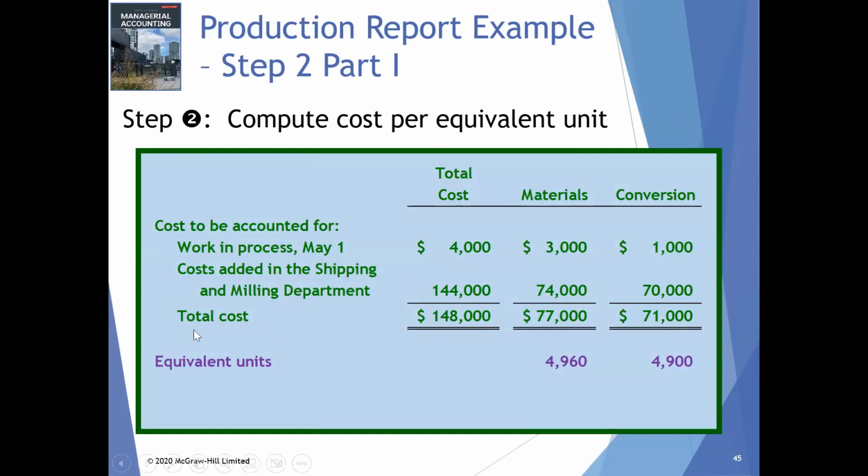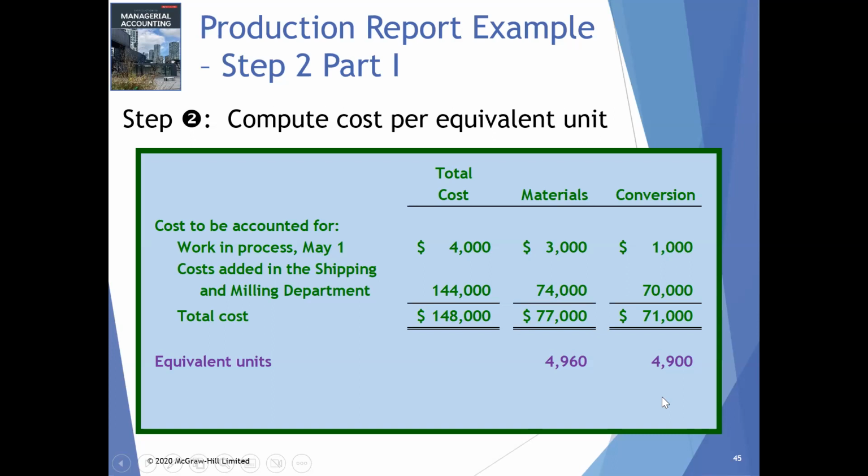We know that at the beginning, the $4,000 cost was given, which consists of 3,000 plus 1,000 for the material and conversion respectively. And the cost added was 74,000 and 70,000. If we add these, the total cost is 148,000. Now the equivalent units we know are 4,960 and 4,900. This is part one.